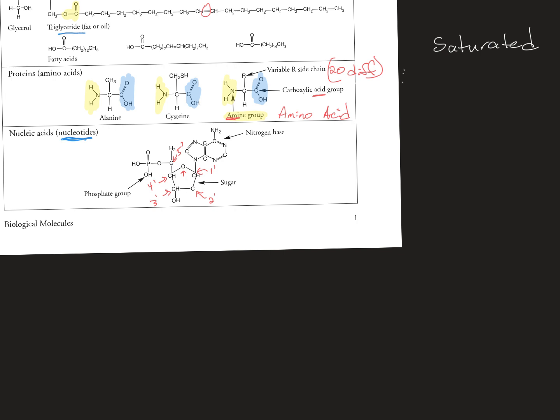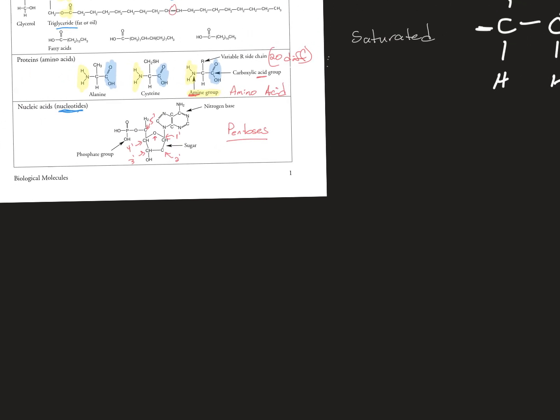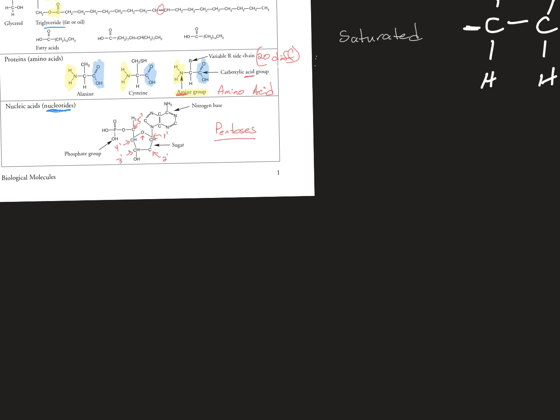There's only 5 carbons, by the way. Both ribose and deoxyribose are what we call pentoses. There are only 5 carbons. All right? On the 5 prime, this is really important because there's 2 different things happening, and I'm going to draw it out here as a block in a minute.